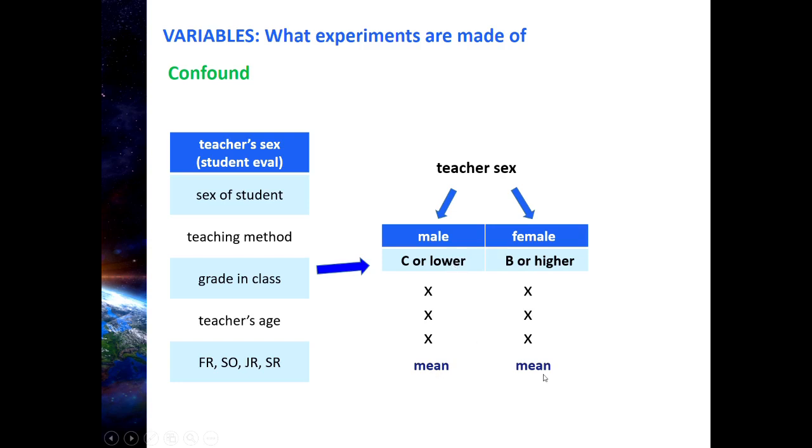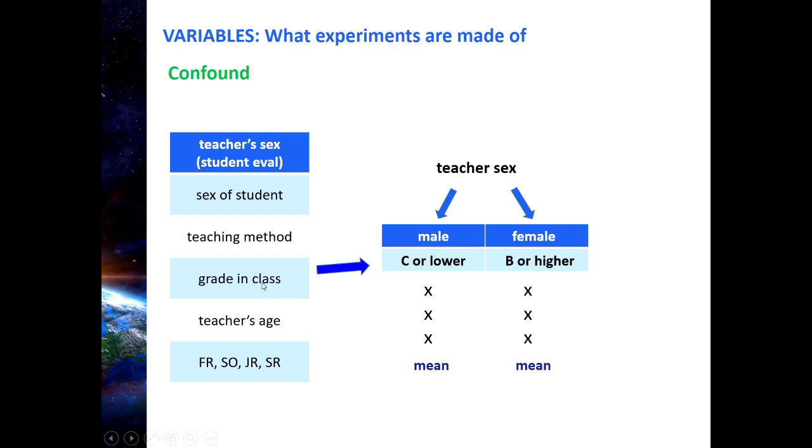So if we do see a difference between the means, the student evaluation means, if they're different, how do we know why they're different? Maybe they're different because of the male and female teacher, right? This group had male teachers, this one had females. So maybe they're different because of teacher sex.